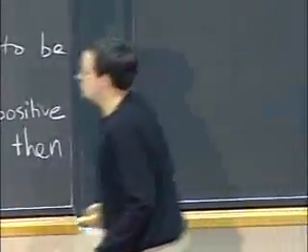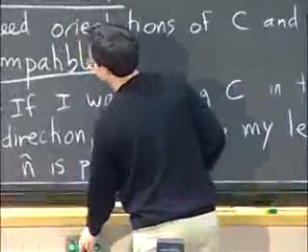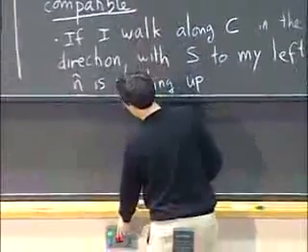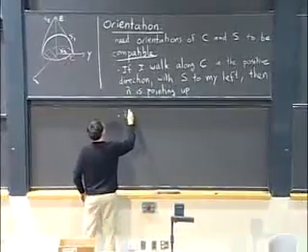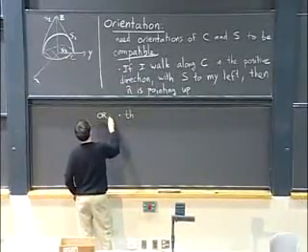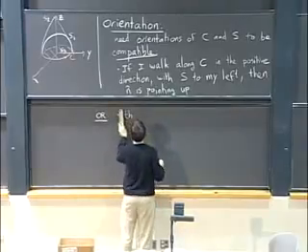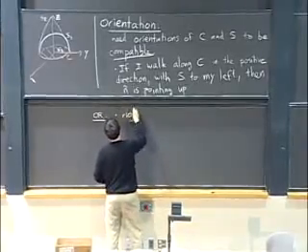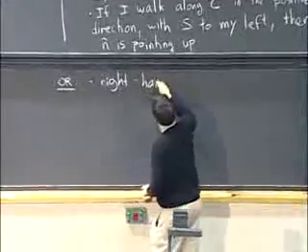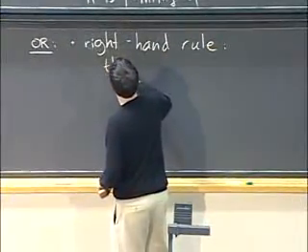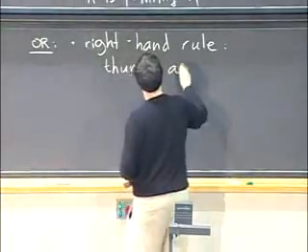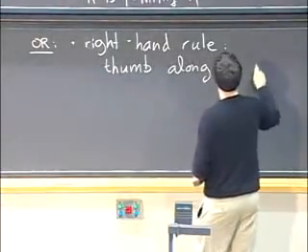Okay, so the other way of doing it is using the right-hand rule. Thumb along C positively.